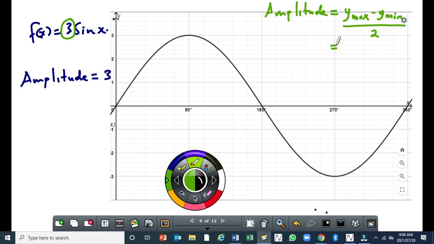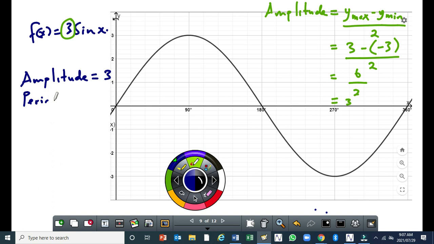Y maximum is 3, y minimum is negative 3. Then we divide that by 2, we get 6 over 2. The final answer will be 3. So you can also do a calculation if you can't find it by inspection. All right? So that's the amplitude.